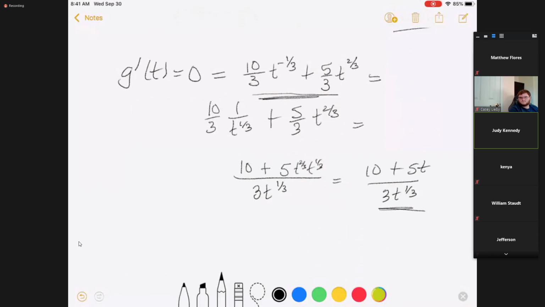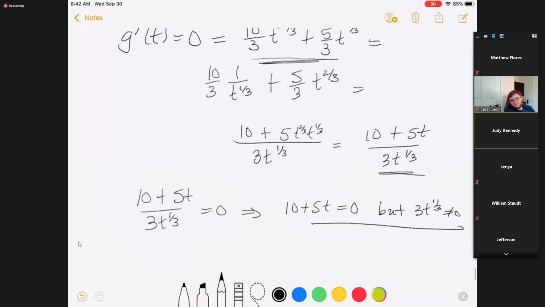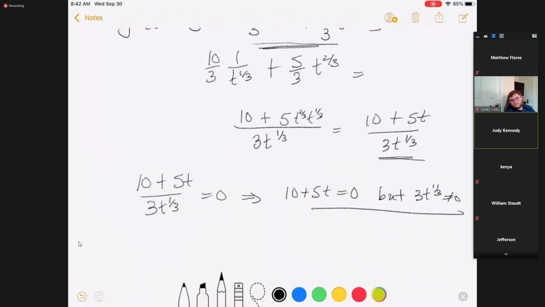Because now 10 plus 5t over 3t to the 1/3 equals 0 means that the numerator is 0, but the denominator is not. And that happens in one place. That happens when t is -2.